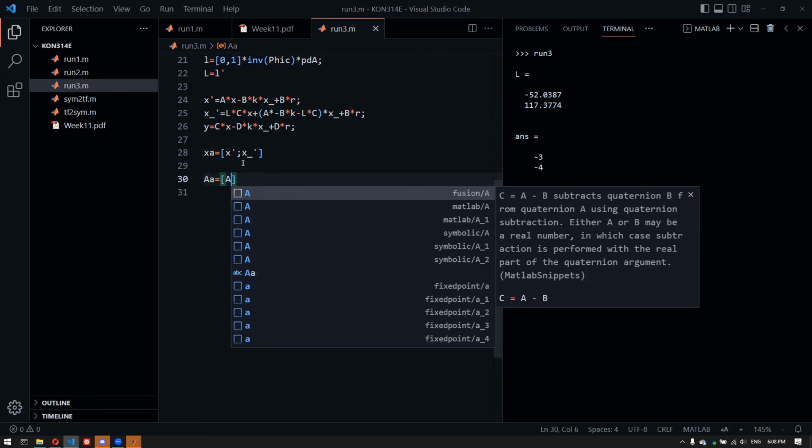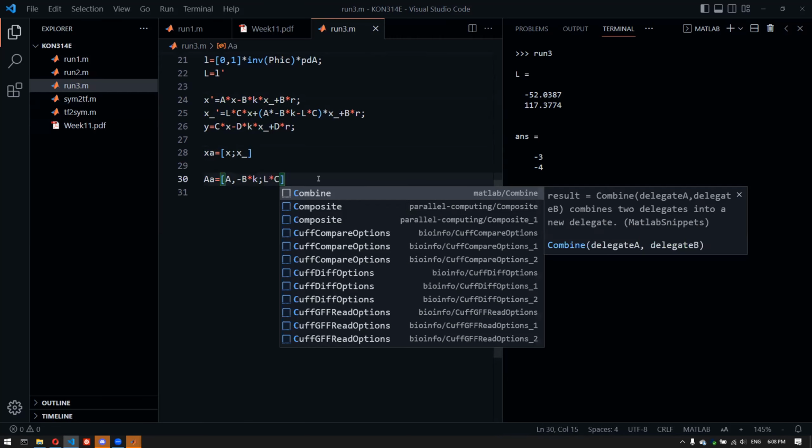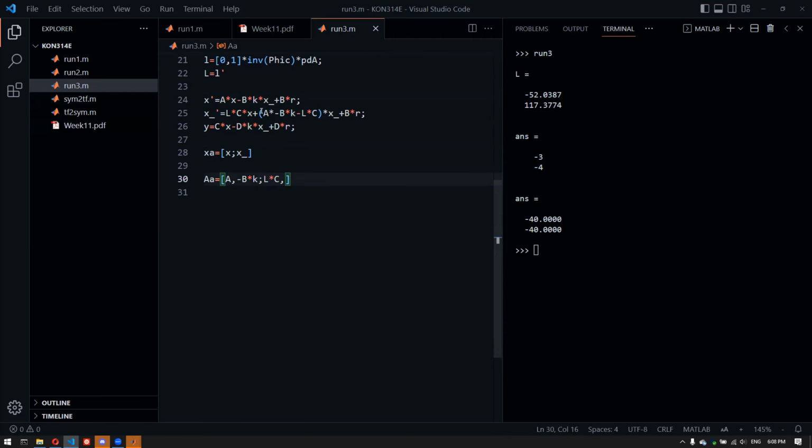We will have A and minus B times K. So A times X, as you can see here, without derivatives, of course. So this is X, so this is A, and minus BK times X underscore. And the next row is L times C, comma, A minus BK minus LC, for X underscore.